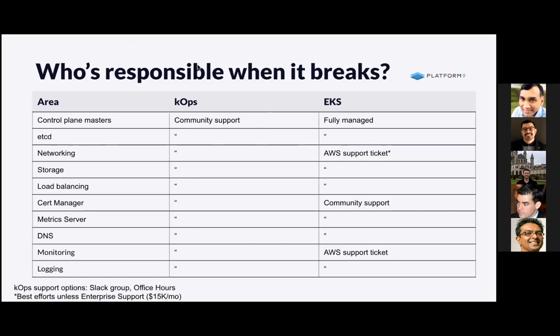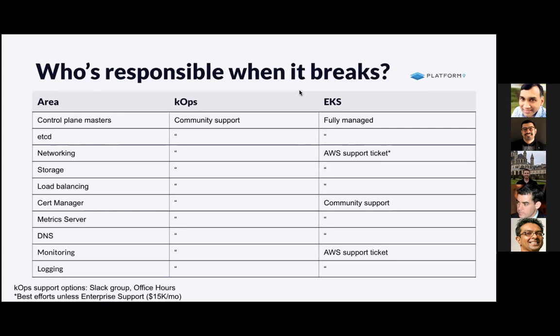If you just say basic level, I've signed up for AWS and I'm using EKS, and I've signed up for AWS, I'm going to use Kops to build a cluster. Who do I go to for help, and who's going to help me when I hit a problem? EKS obfuscates the control plane, and that really does put the pressure on EKS to help and support you there to make sure that it's viable and running.